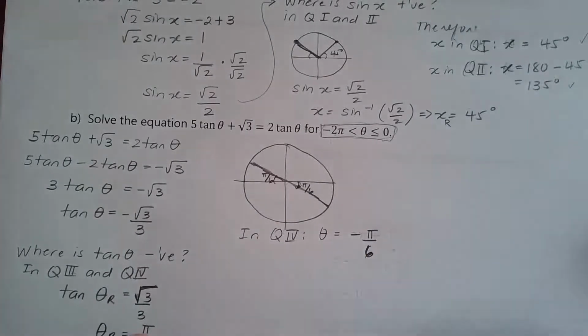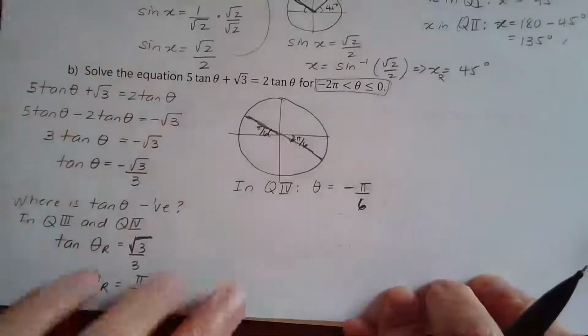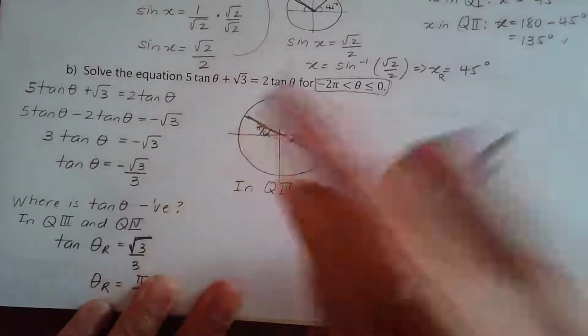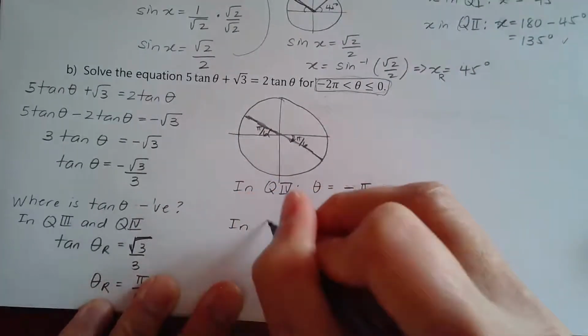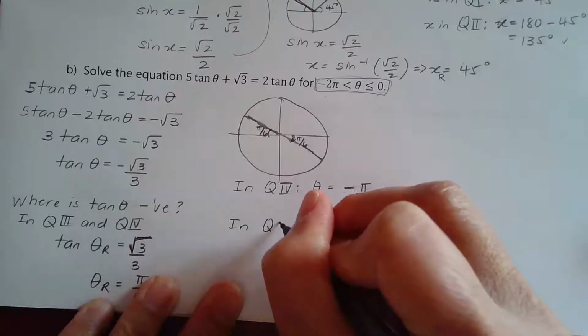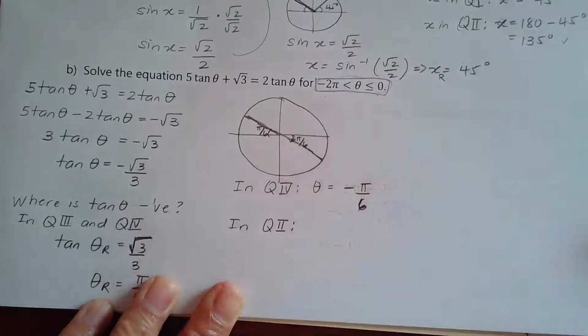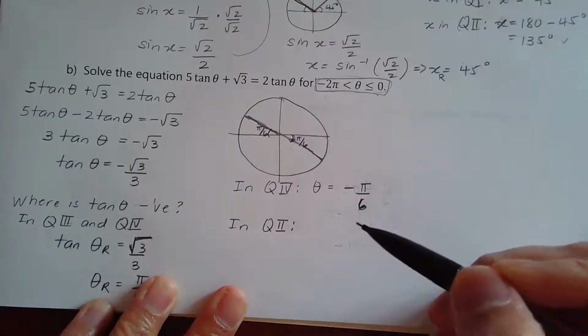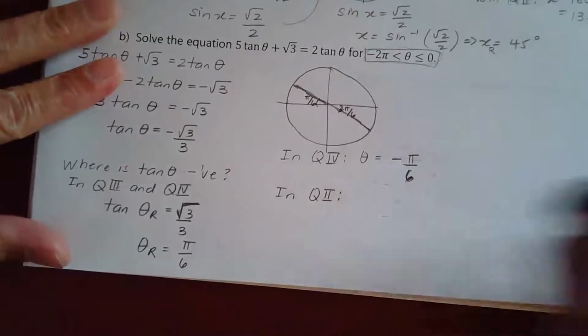Okay, now in quadrant 2, rather. So 1, 2. Why did I say quadrant 3? In quadrant 2, oh, I know why. This one should be 2.